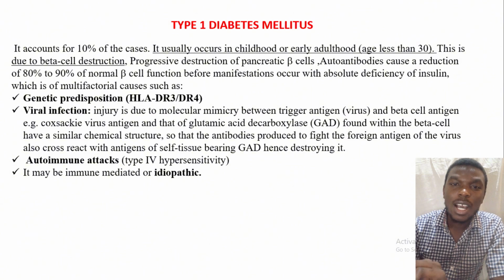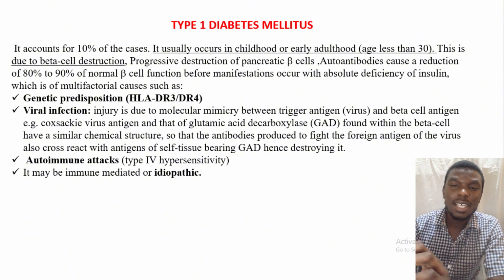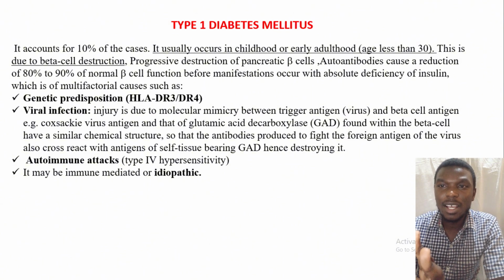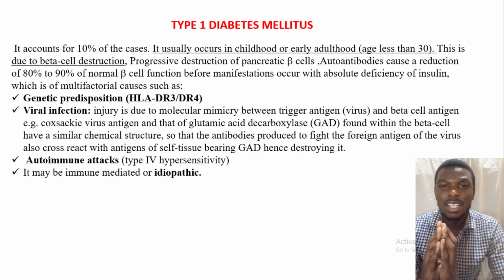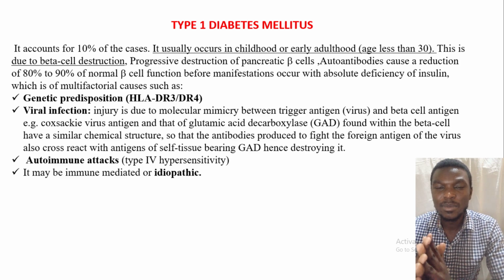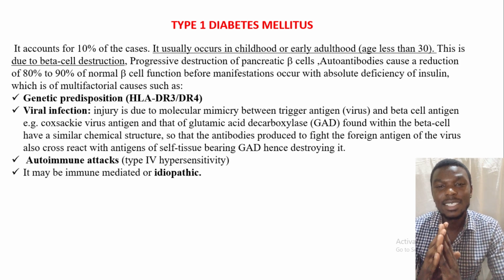So how do these beta cells in the pancreas find themselves damaged? So this is due to autoimmune destruction. So the body's defense system attacks these cells.